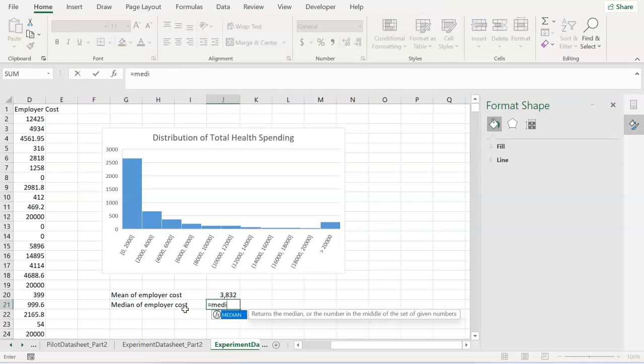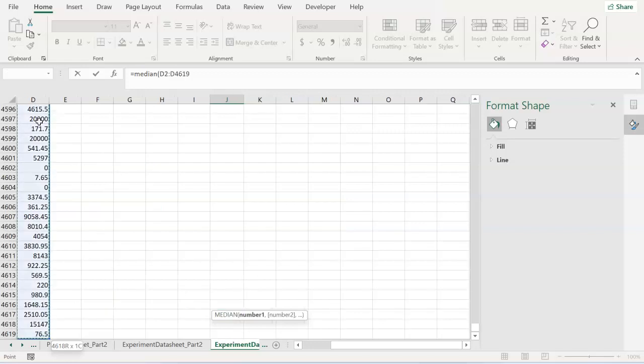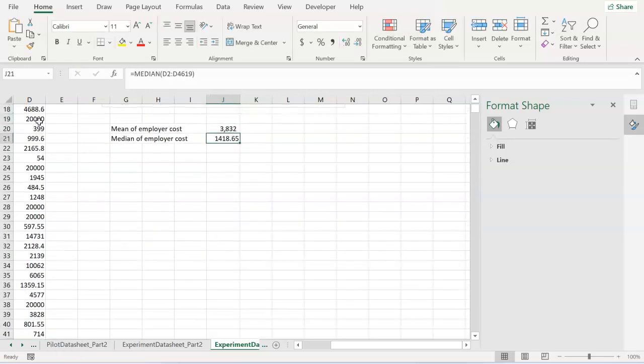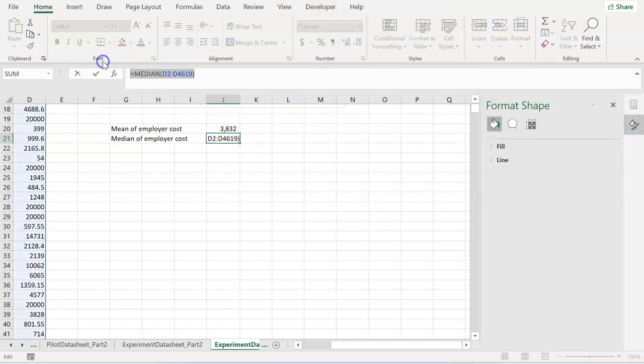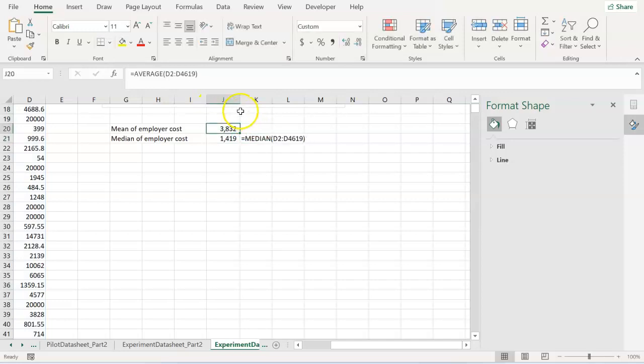Equals median. And then this, Control Shift down, close parenthesis, enter. So this is the amount, 1,418. Let's put the formulas here. And this one.